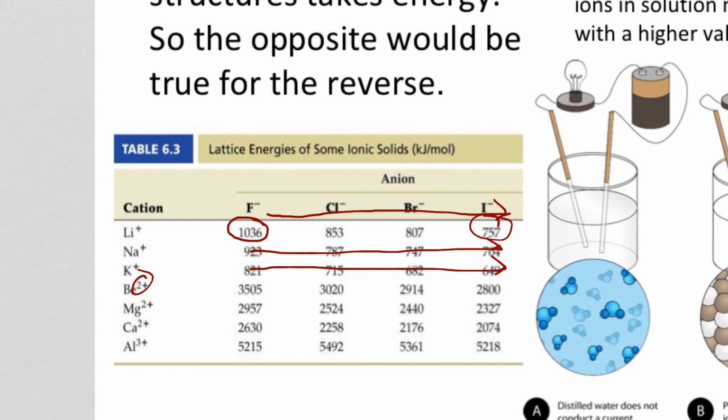You also might notice that as you go across and down, it becomes much higher because you now have 3-to-1 ratios. These fluorides make a very strong charge, and when you think of 3 more fluorines for every 1 aluminum, the number of bonds goes up, the strength of bonds goes up, so does the lattice energy.